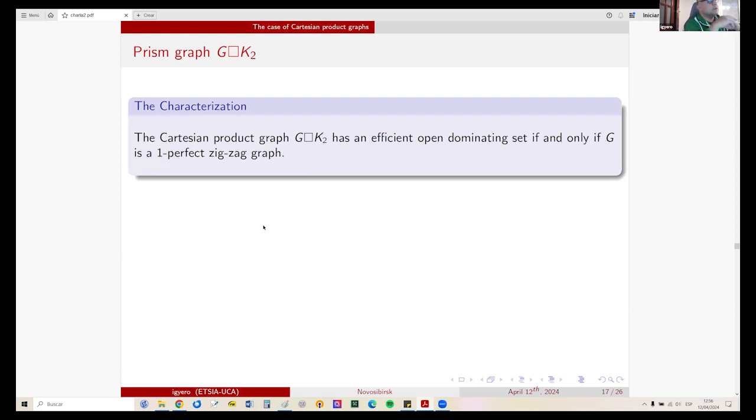If this is happening, then we can always construct one efficient open dominating set. Notice that when we have this one perfect zigzag graph, there will be edges which are horizontal and edges which are vertical, both of them.